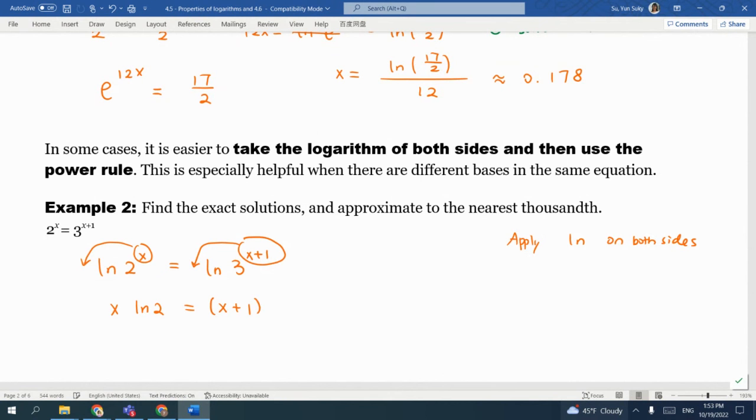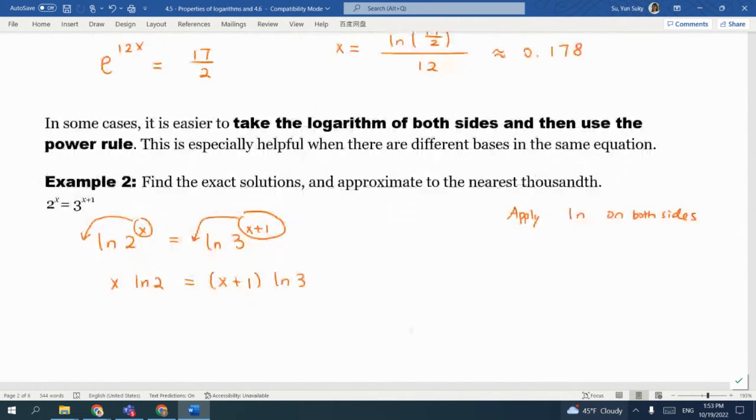Be careful, don't forget your parentheses. It's x plus 1, this whole thing, multiplied by ln of 3. If you forget the parentheses, it will be wrong. Then we want to distribute.